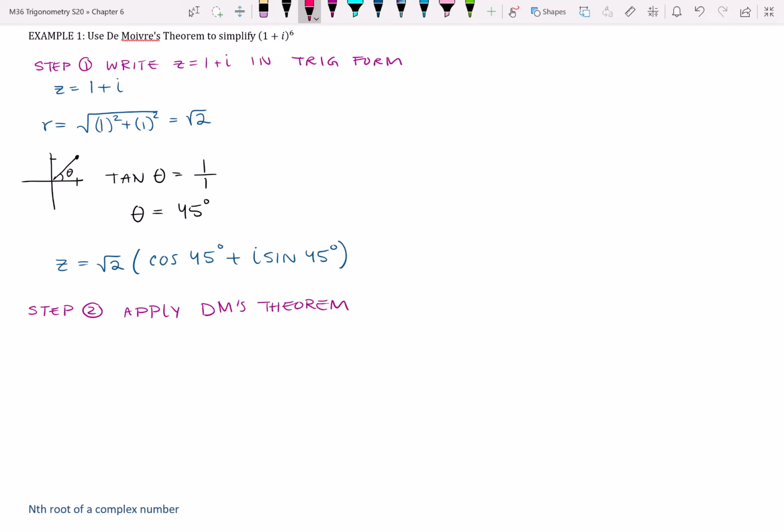Notice that in my power here, n is equal to 6. So let's plug all that into our formula. We have z to the n power equal to r to the n power times the quantity cosine of n theta plus i sine of n times theta.